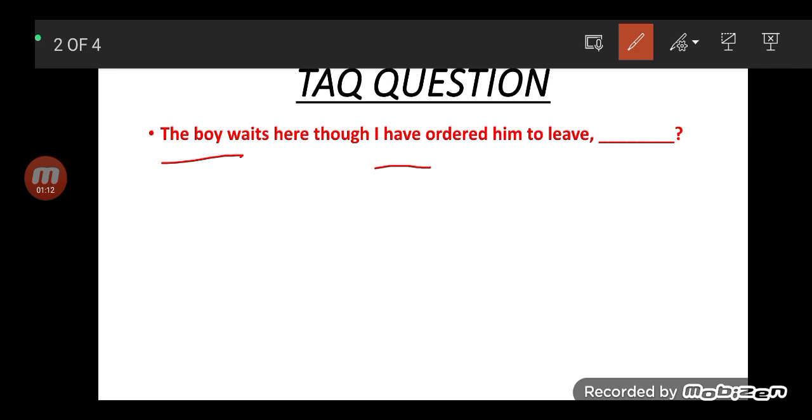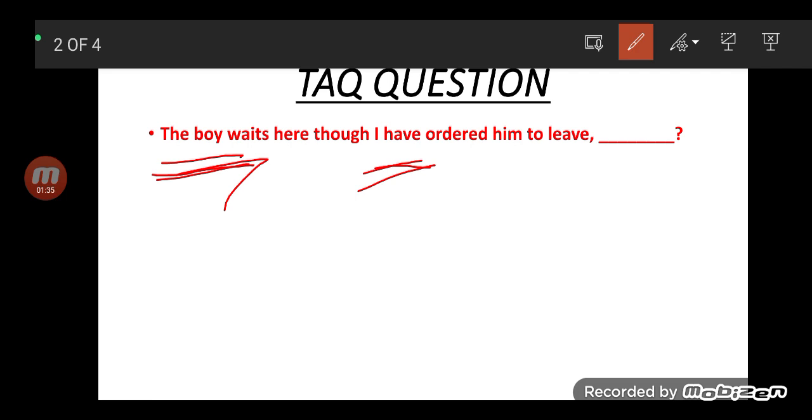Some students follow the boy and answered here doesn't the boy, and another student follows I have ordered him to leave and uses haven't I.